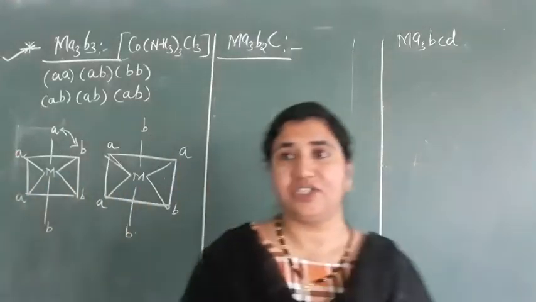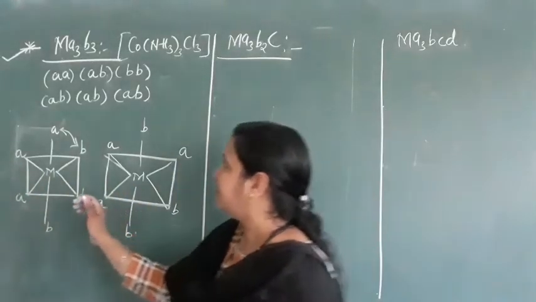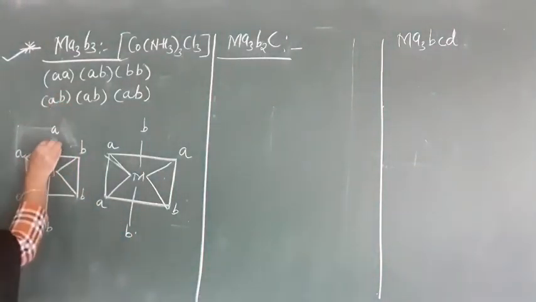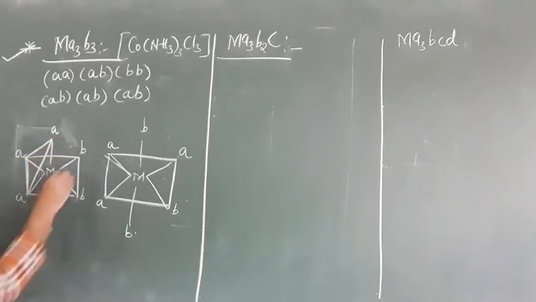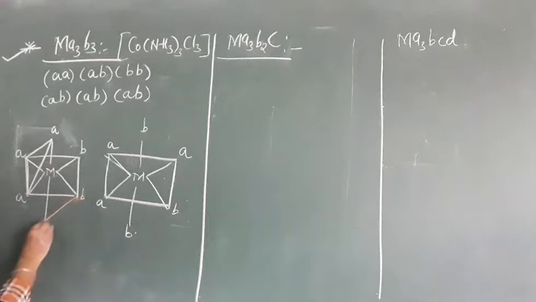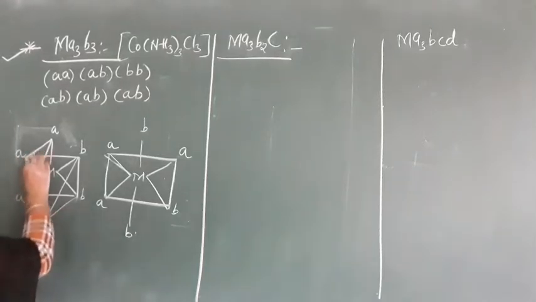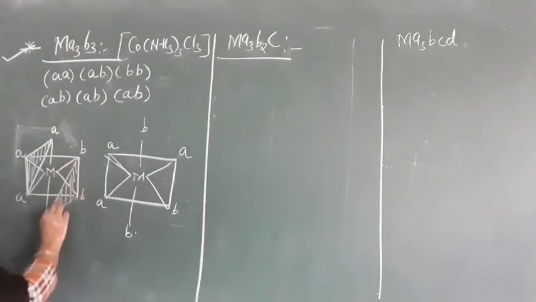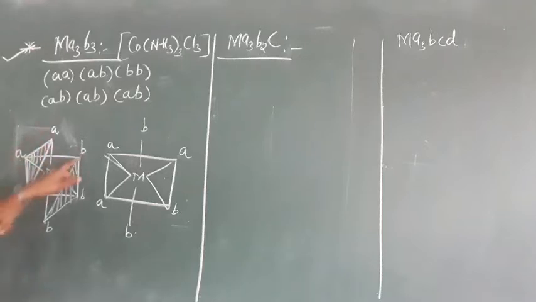We are getting a different structure here. How are we getting it? Look at this 3A, and if we join this 3B in this way, it looks like a facial arrangement.